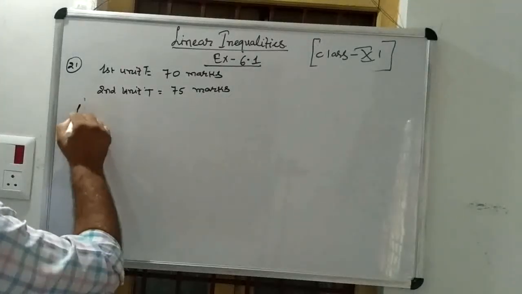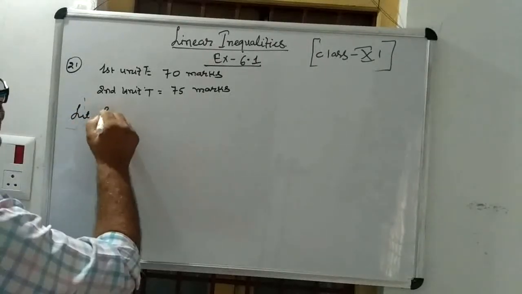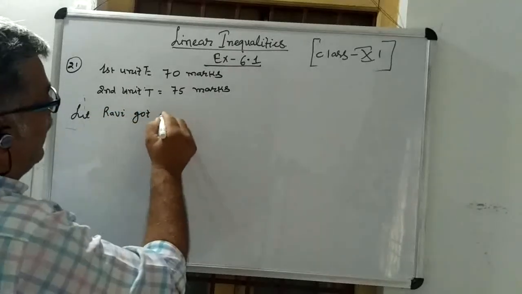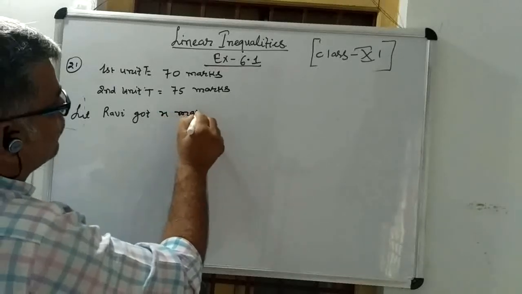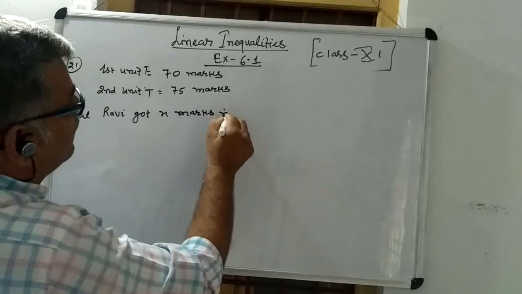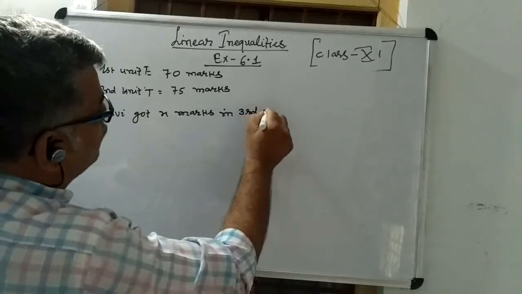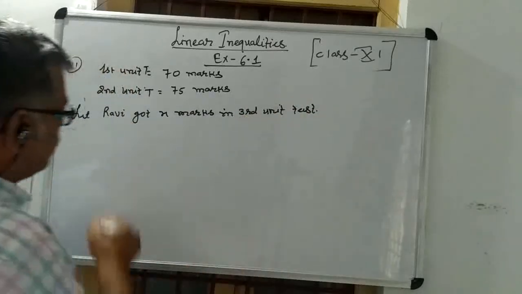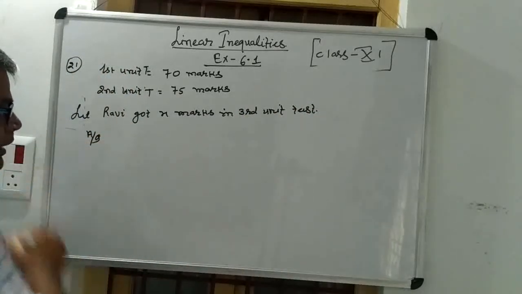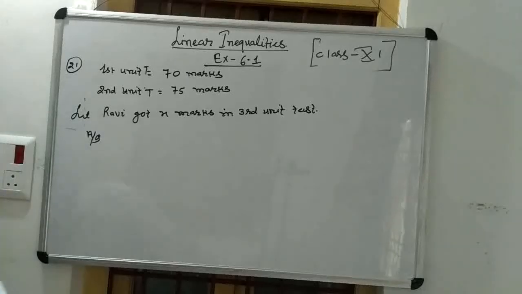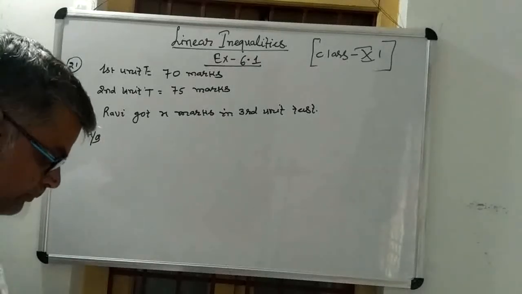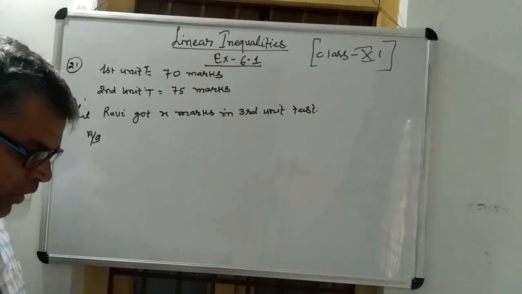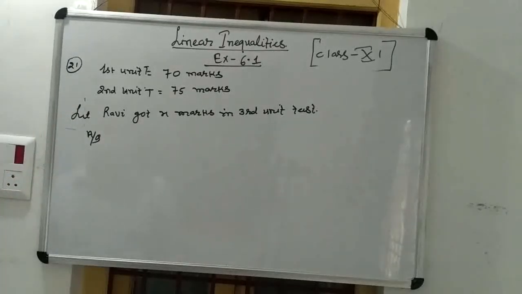Let Ravi get X marks in the third unit test. Now the question is saying, what minimum marks should he get in the third test so that his average is at least 60 marks.